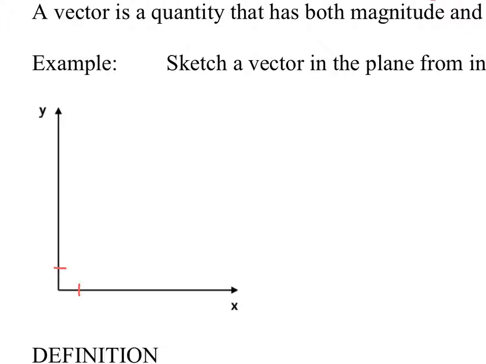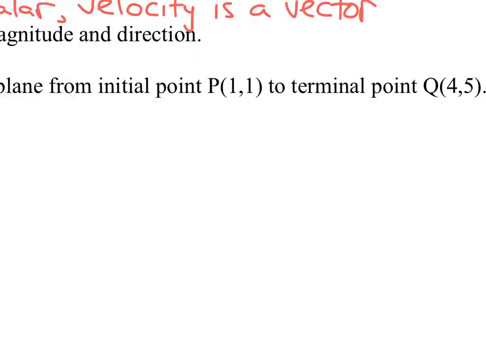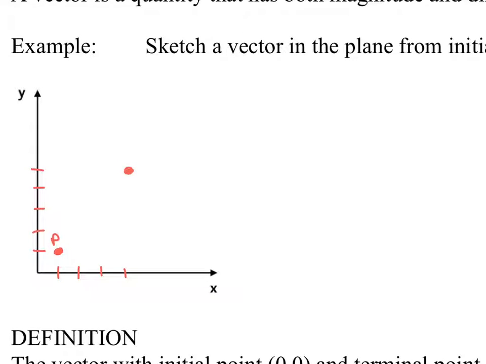So here's the coordinate plane, point P, and Q. It's usually P's and Q's. So this is a line segment.